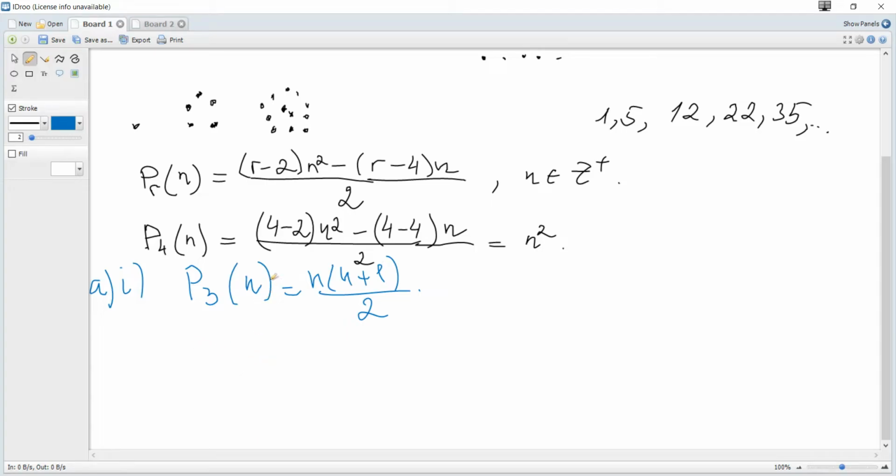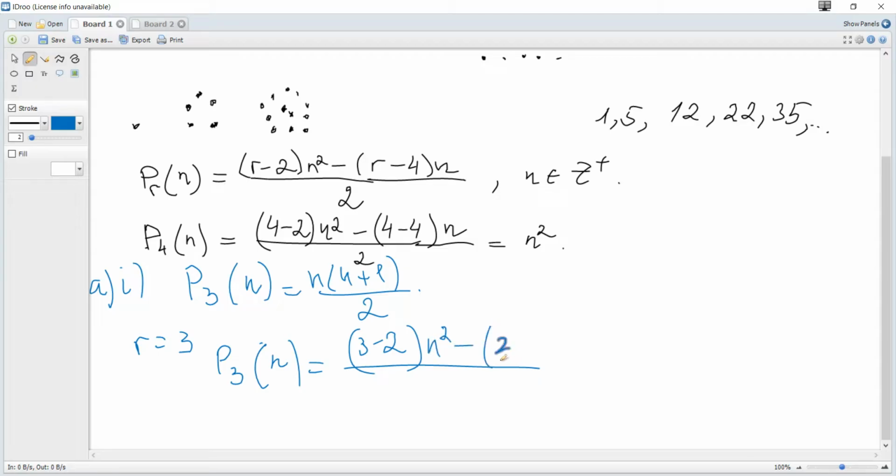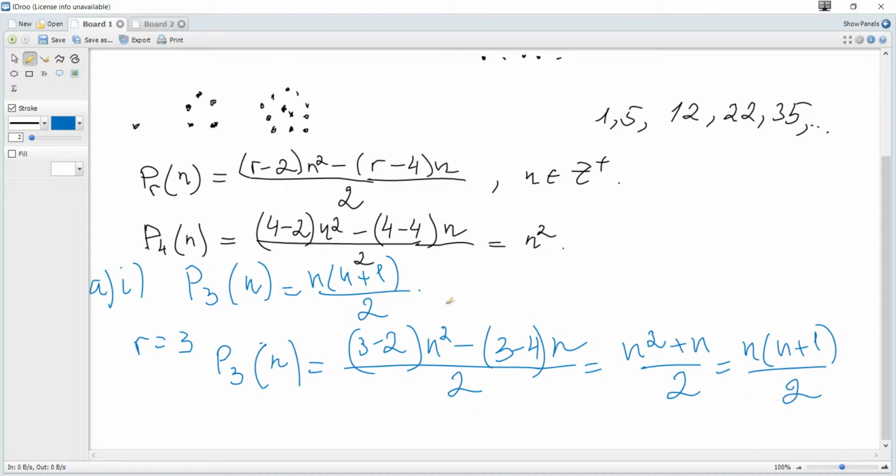Since it's about triangular numbers, we consider r is 3, and using the general formula, P3 of n becomes (3 minus 2) multiplied by n squared minus (3 minus 4) n over 2. And it becomes n squared minus negative 1 n, that is n squared plus n, over 2. You can factor out n, and it becomes n times n plus 1 over 2 as required.